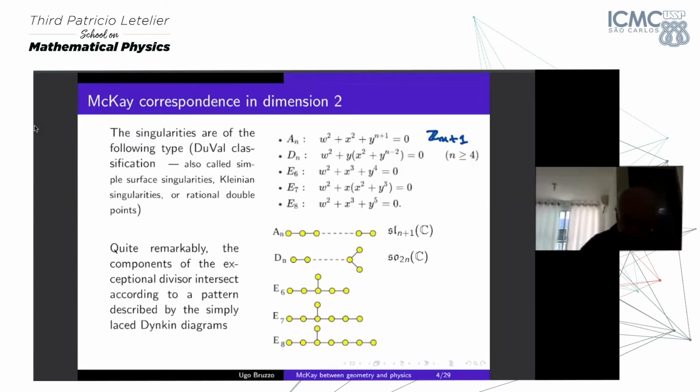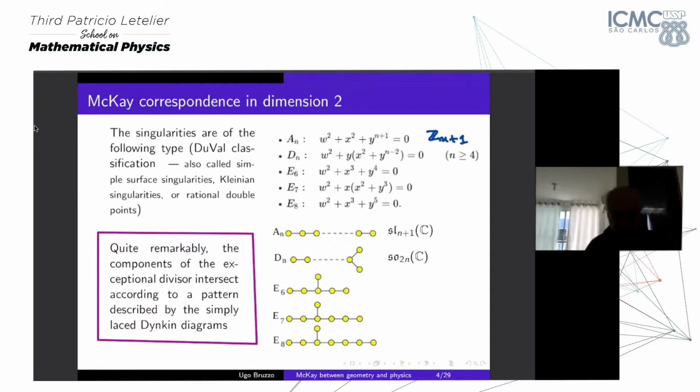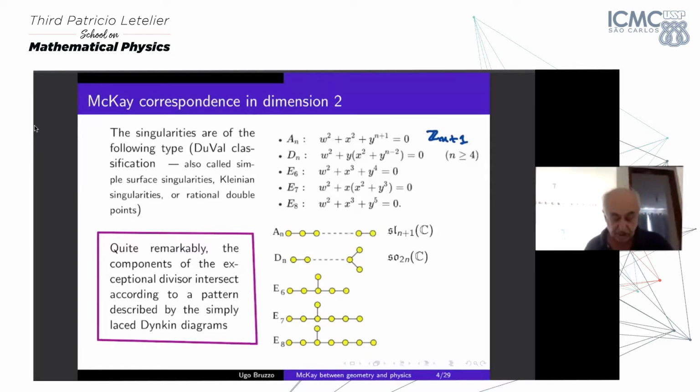Now what happens is what's written in the lower left corner of this slide, namely the fact that here in this sentence, I talk about the exceptional divisor of the resolution of singularities.